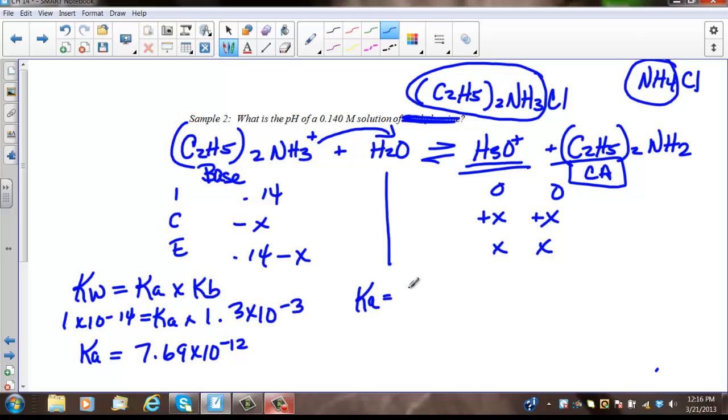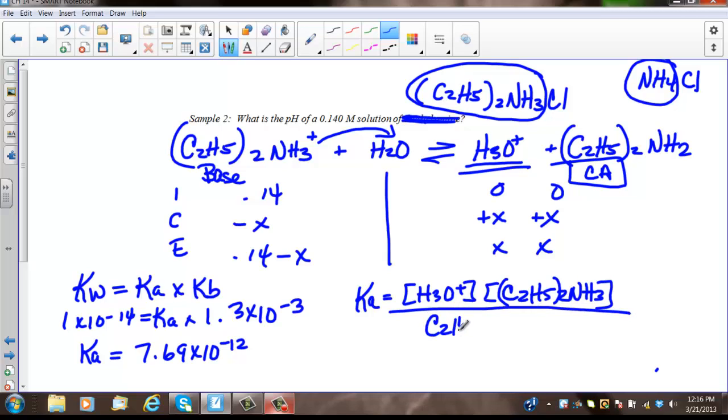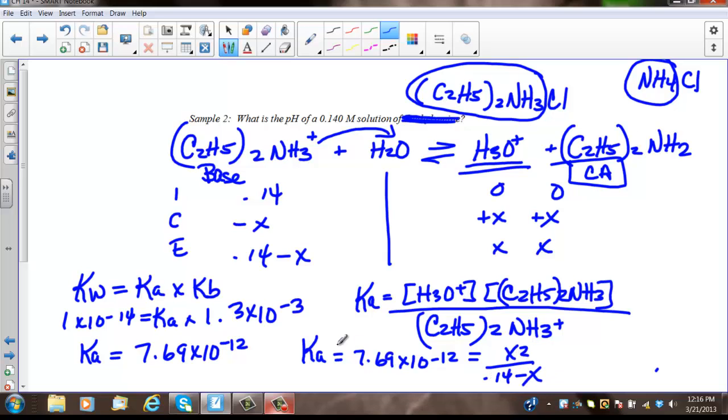So our Ka equals the concentration of our H3O plus times the concentration of our (C2H5)2NH over the concentration of our dimethylammonium. So Ka equals 7.69 times 10 to the minus 12, which is equal to x squared over 0.14 minus x.